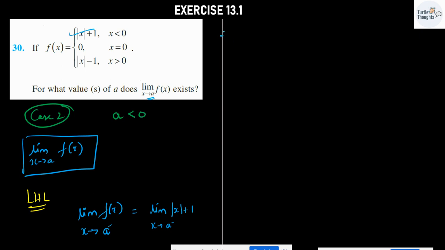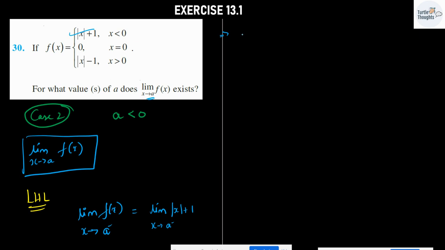going to be what? When I substitute the value of a in place of x, I will be getting modulus of x, which is going to be minus a or plus a. What is the value I'll be getting over here?